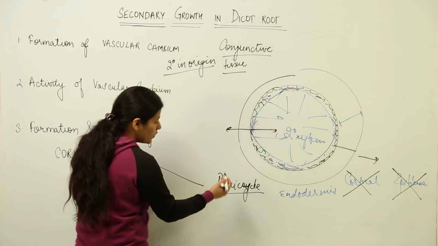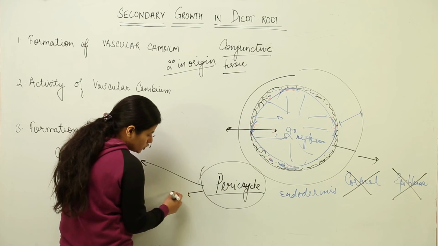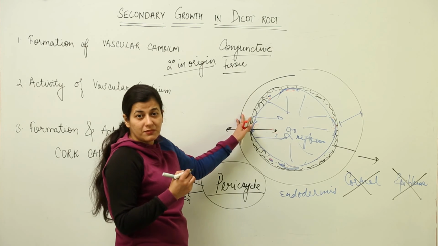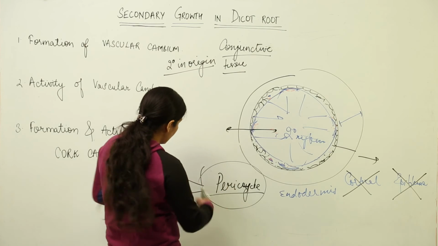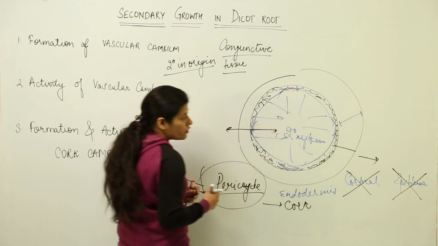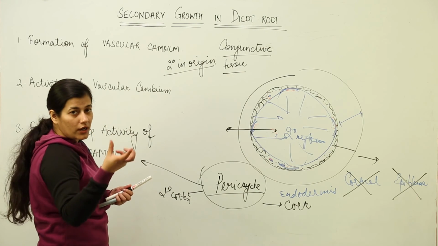What we have is the pericycle that acts as cork cambium. It gives rise to secondary cortex towards inside, that would be in close proximity to secondary phloem, and outside it gives rise to cork. So what do we have in the end of a root that has undergone secondary growth?